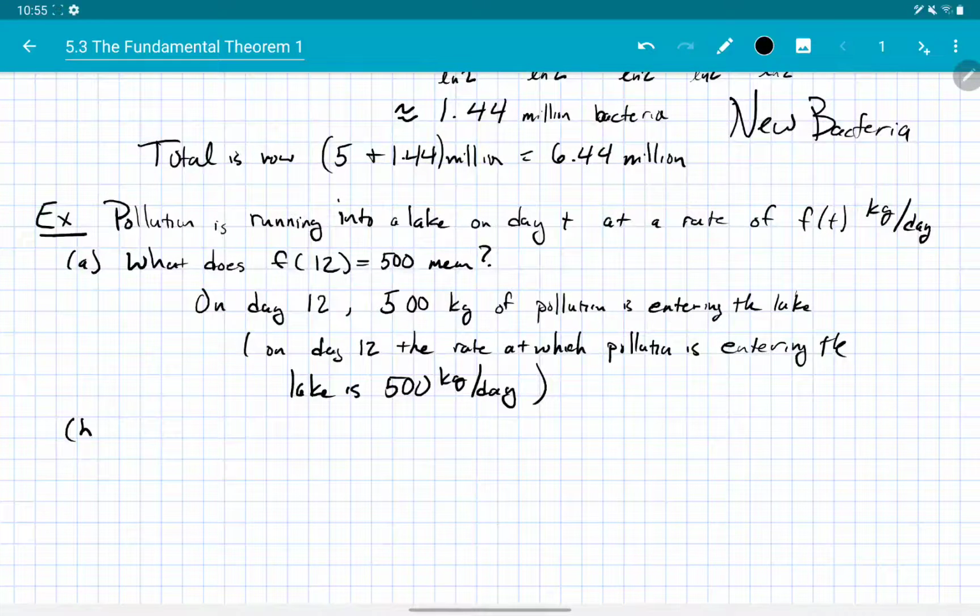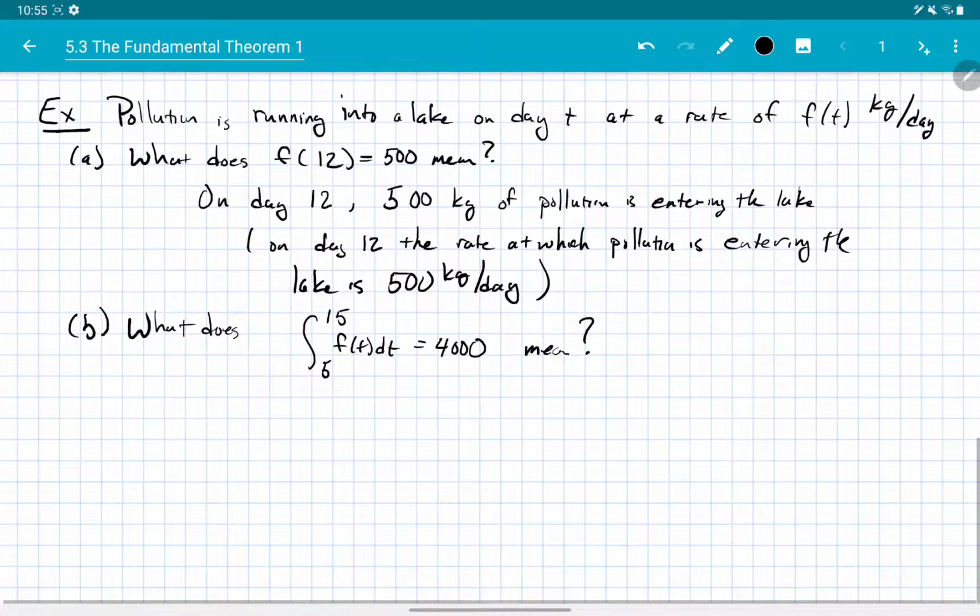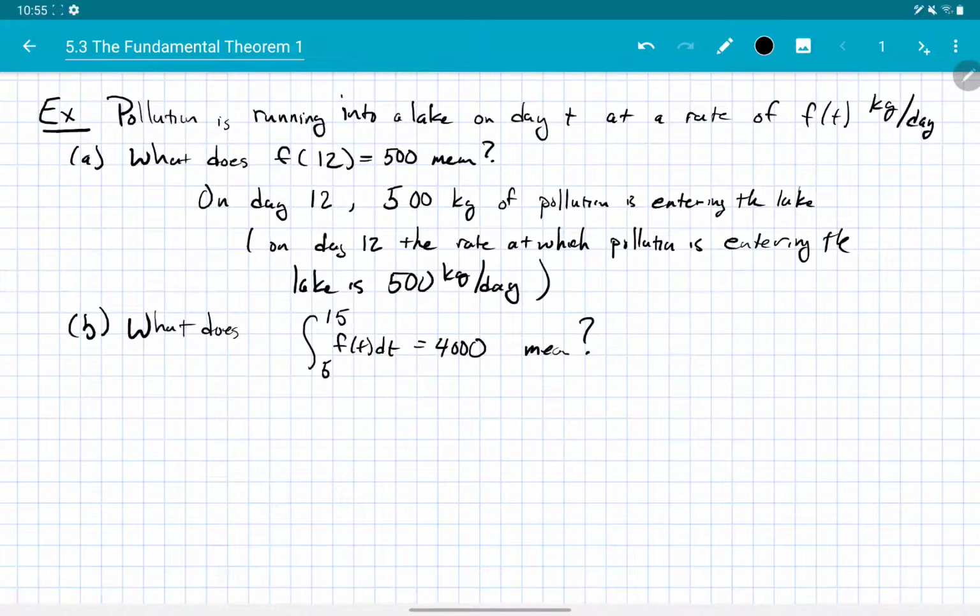Okay, second question. What does the integral from 5 to 15 of little f of t dt equals 4,000 mean in this context? Okay, well, we're integrating from 5 to 15, so that means this is a statement on something that's happening between day 5 and 15.